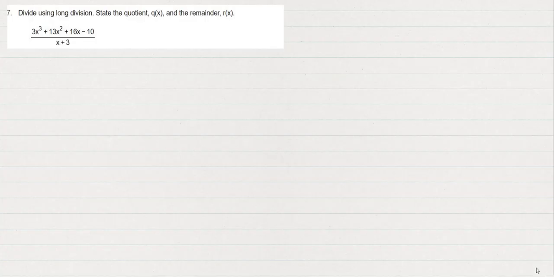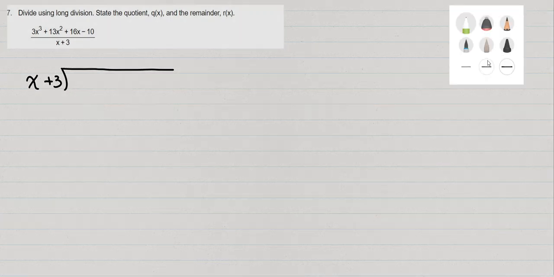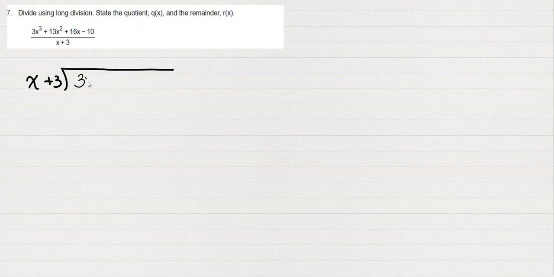Let's look at another example, long division. For this example, we're going to divide by x plus 3. And what are we dividing? We're dividing the 3x cubed plus 13x squared plus 16x minus 10.